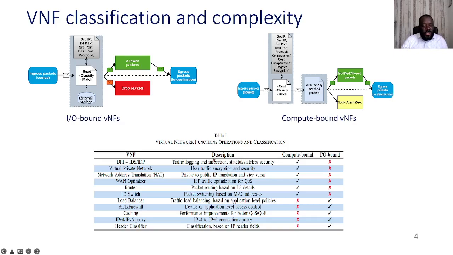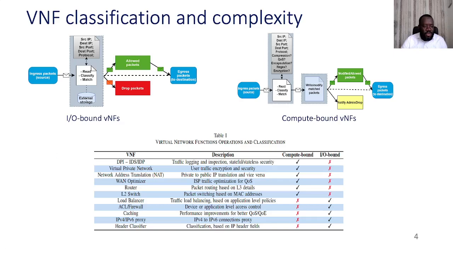In terms of the representative categories of VNFs, we have the IO bound category and the compute bound VNFs category. So these two major categories. In terms of the IO bound categories, we have functionalities such as the ACL firewall, header classifier or caching, for instance. They basically carry out functionalities such as IP header lookup or data store access.